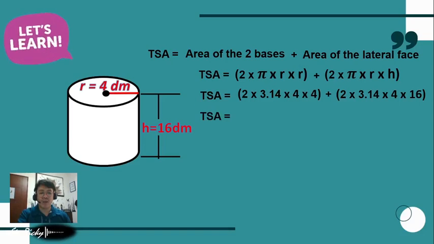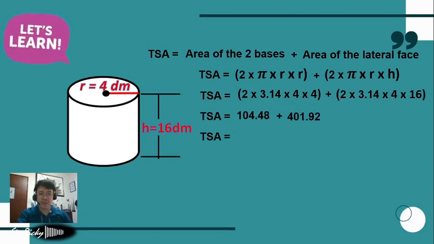Okay, let's solve this one. 2 times 3.14 times 4 times 4 is equal to 100.48, plus 2 times 3.14 times 4 times 16, which is equal to 401.92.